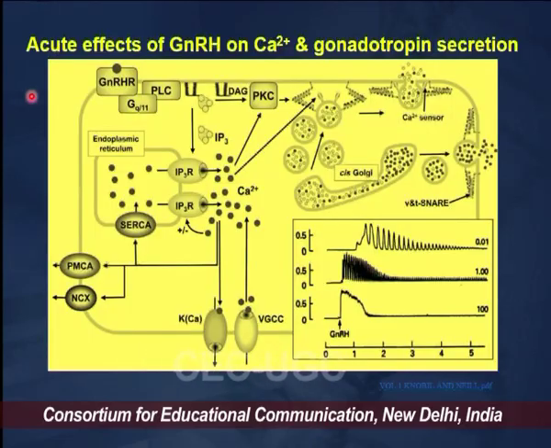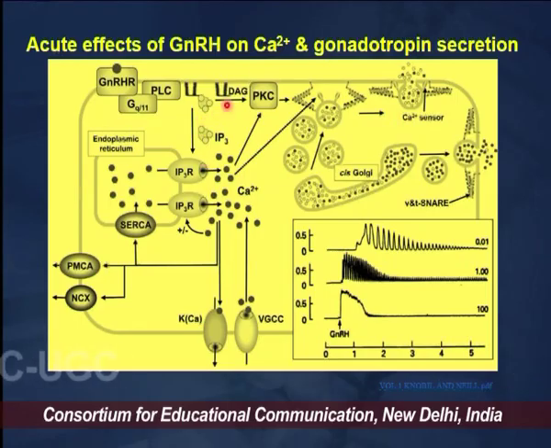So in this figure you can see how, once GnRH comes and binds to its receptor, it causes the activation of Gq protein. Once this Gq protein gets activated, it causes the activation of another membrane bound enzyme called phospholipase C. Once phospholipase C gets activated, it breaks PIP2 into IP3 and DAG.